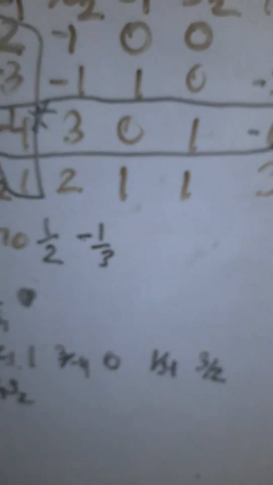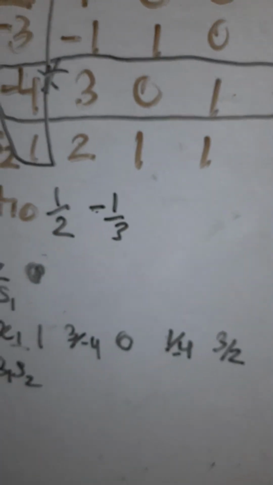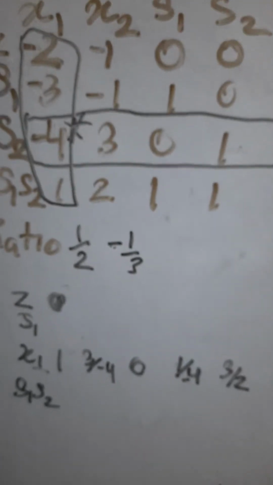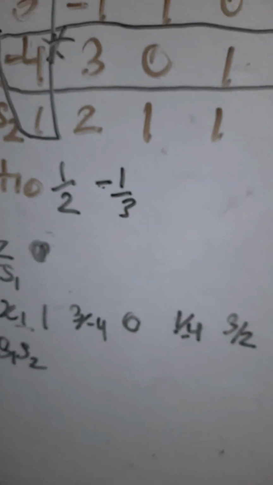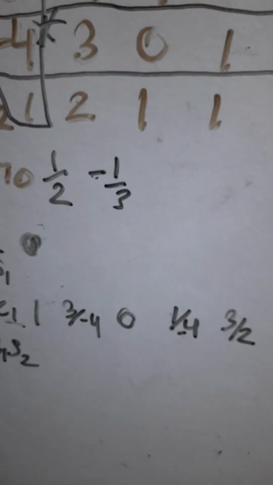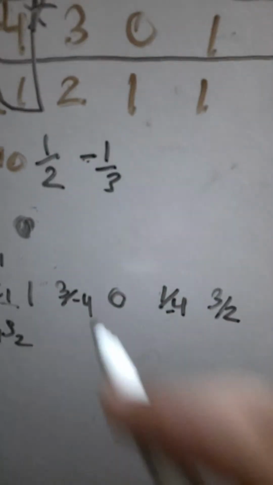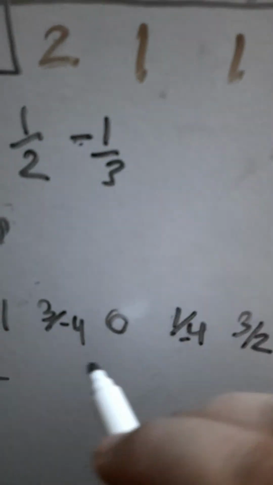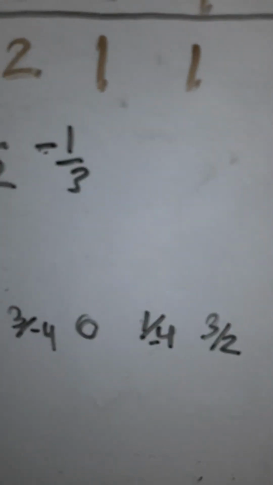Wait a second, where is it? Yeah. Then 3 by minus 4 into 2, okay, then it becomes 3 by minus 2. 2 divides into this 4: 2 ones are 2, 2 twos are 4, because 2 is the common factor, we take it out, then becomes 1 by 2.